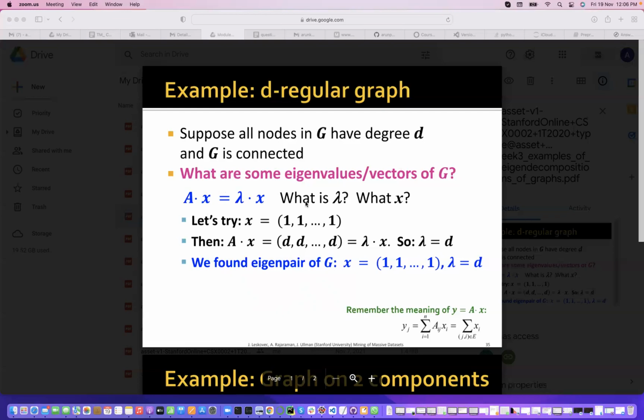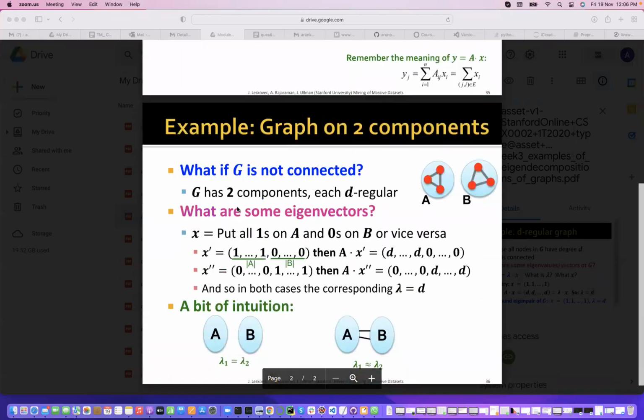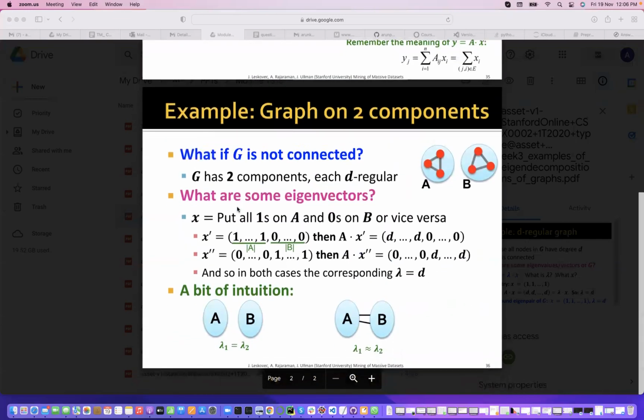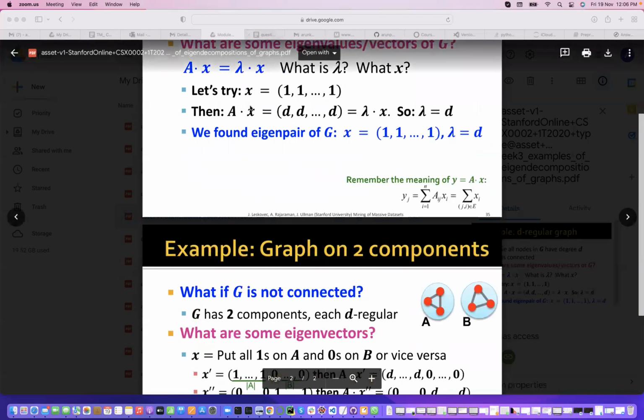The weights you are putting for each node are only 1, whether label or values. So then you are getting Ax equal to lambda x, and if you solve, lambda simply becomes D here.